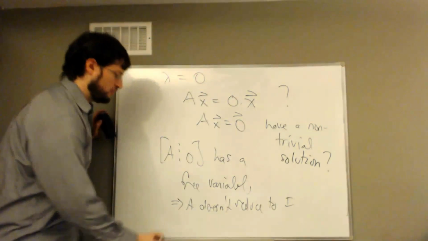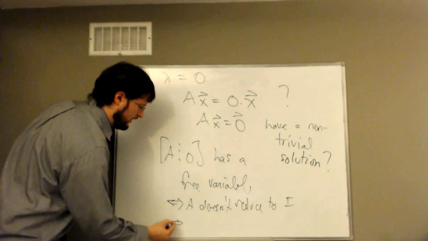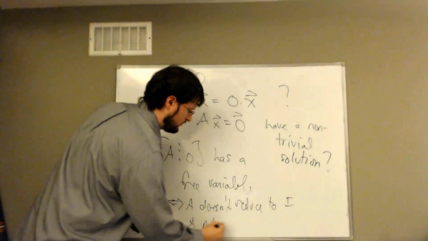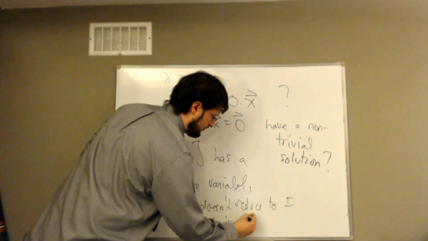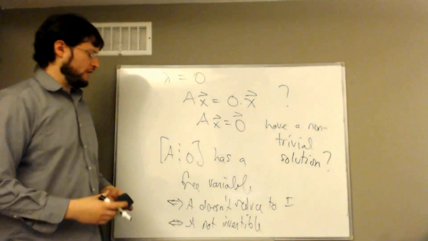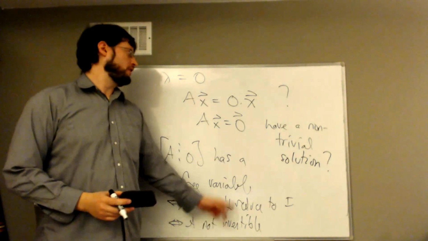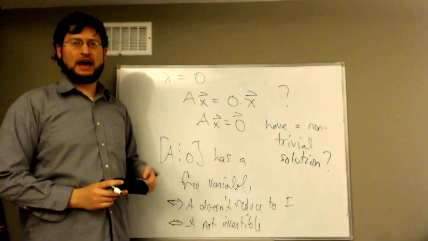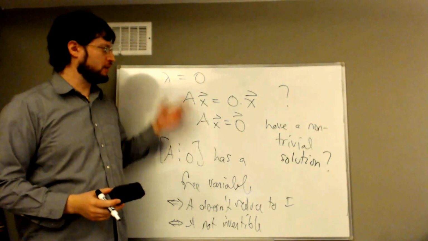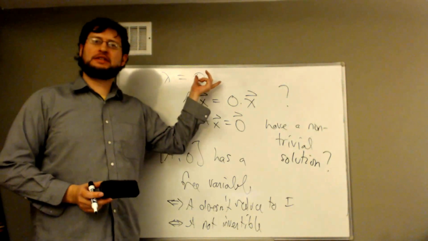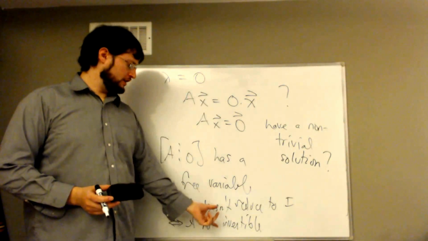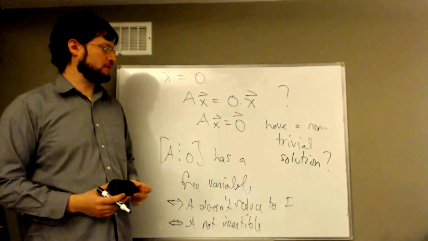But that's only true if A is not invertible. So if A is not invertible, then 0 will be an eigenvalue for A, and the other way around. If we end up getting 0 as an eigenvalue, then I can say for sure that A is not invertible.